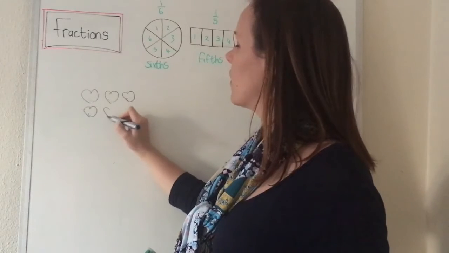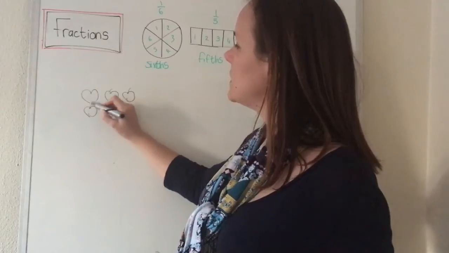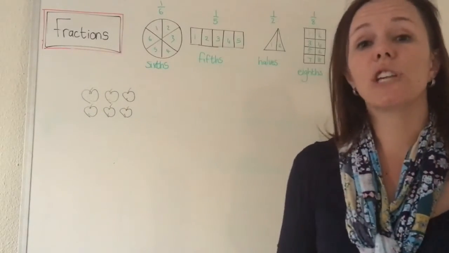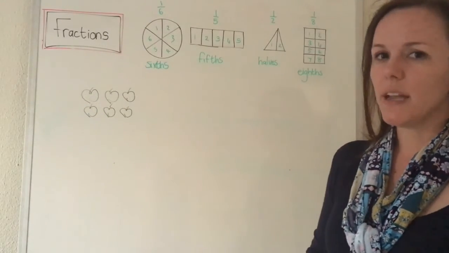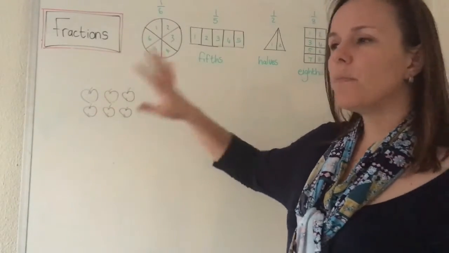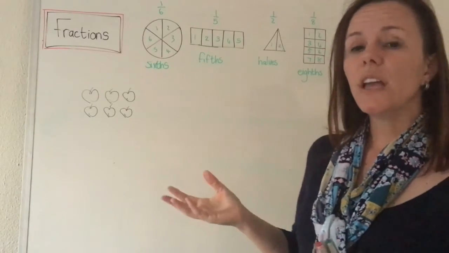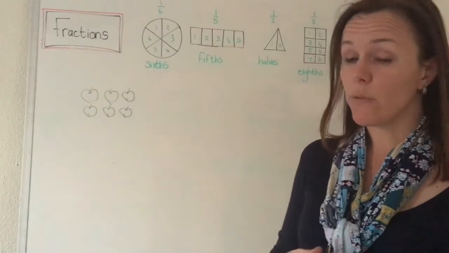They kind of look like hearts, but they are apples. Okay, there I have 6 apples and I have to share it between 4 friends. That's a bit difficult because 6 cannot be divided into 4. If you say 6 divided by 4, you will get a remainder of 2.